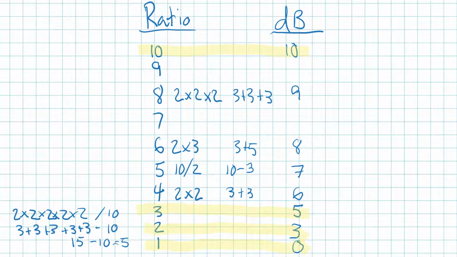Well, it's between 8 and 10 on the ratio side, and we could just visually say these are halfway in between. 7 is 8.5 and 9 translates to 9.5.